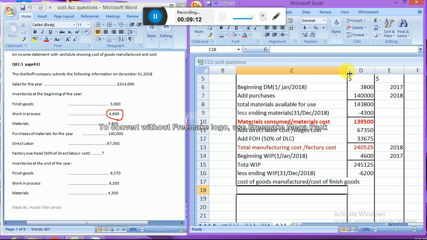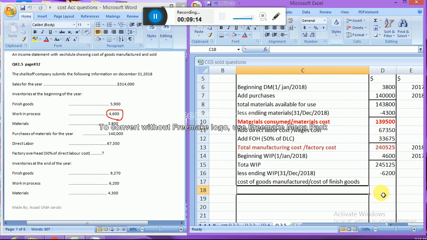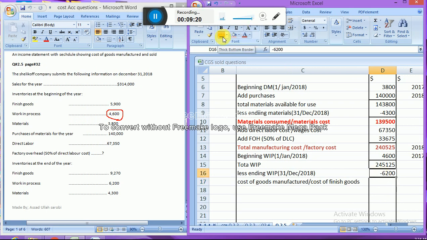Cost of finished goods means how much finished goods we produced during the year 2018. This shows the production of year 2018. Now look at this minus this.